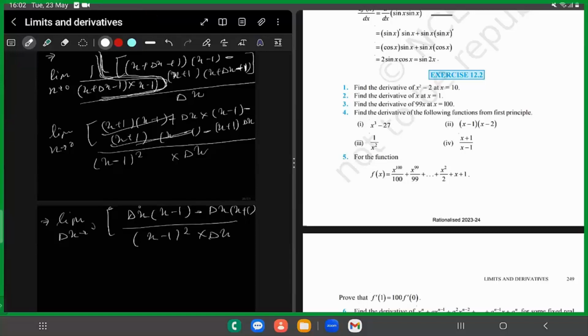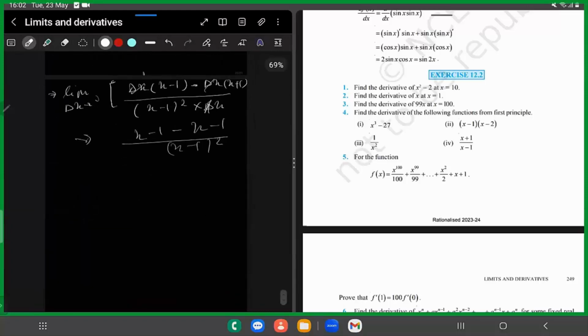This delta x cancels from numerator and denominator, so we'll finally be left with (x minus 1 minus x minus 1) by (x minus 1) whole square. This finally gives us minus 2 by (x minus 1) whole square.